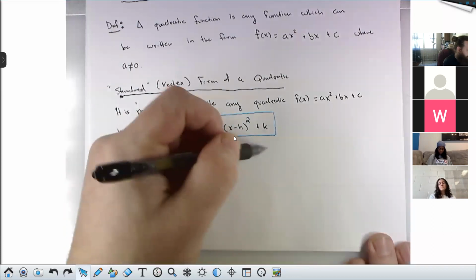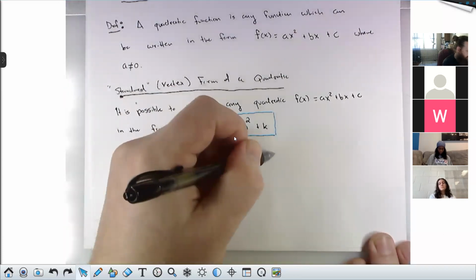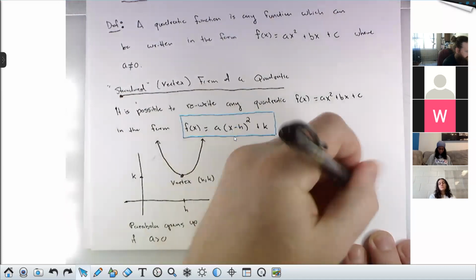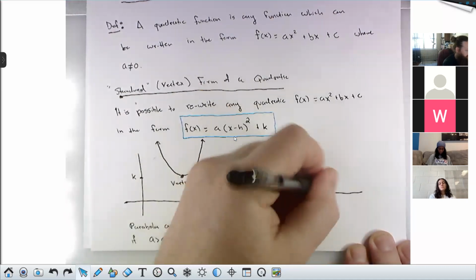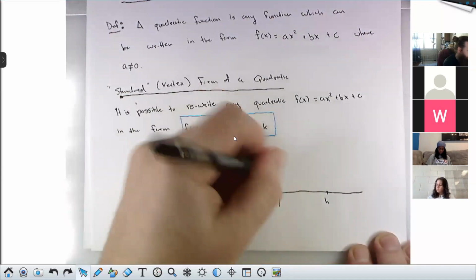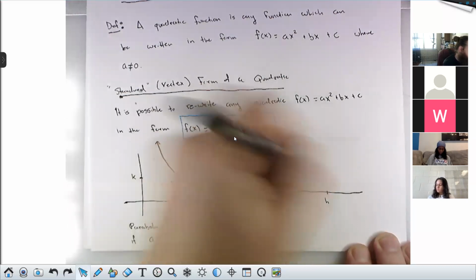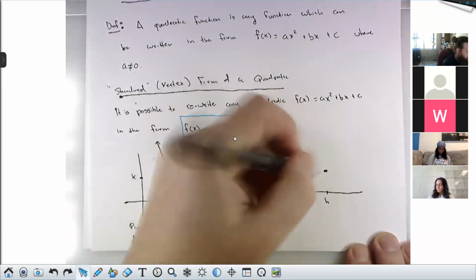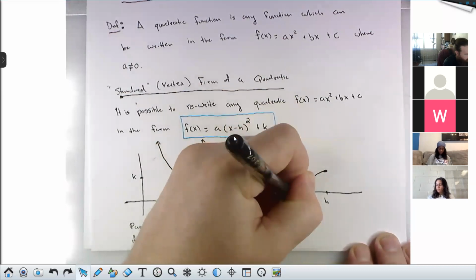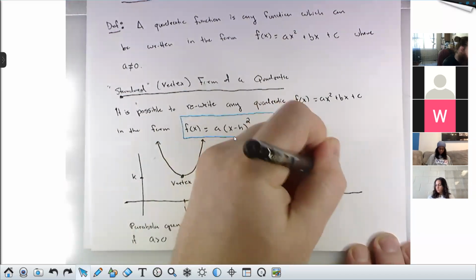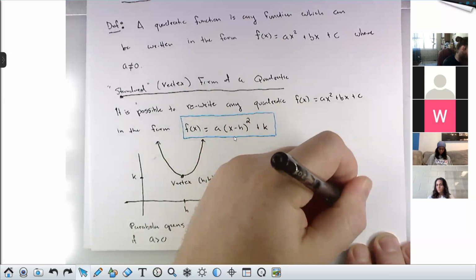On the other hand, if a is negative, put the vertex in the same spot here, h comma k, assuming both of those are positive. Your parabola is going to look something like this.